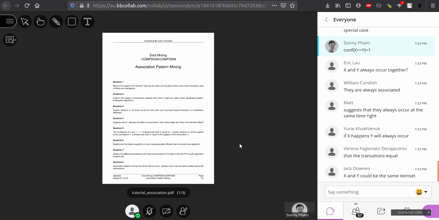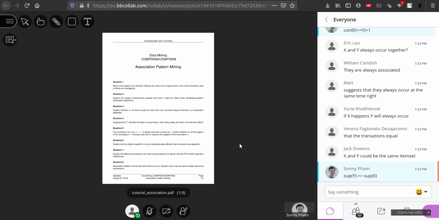So in this case, if X happens and Y will also happen, then we can say that the support of Y is greater than or equal to the support of X, because whenever X happens, Y happens.